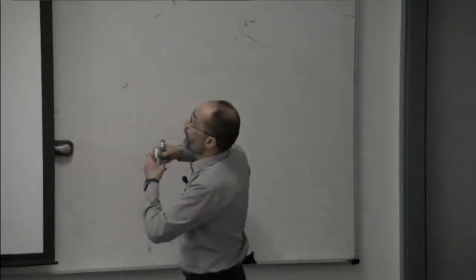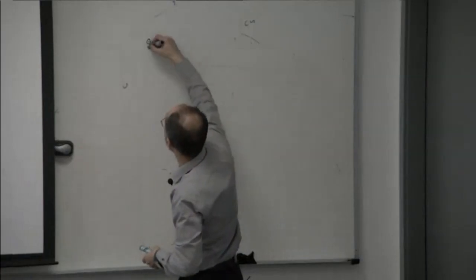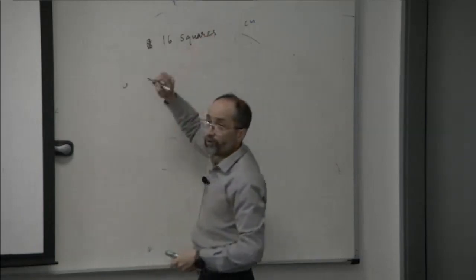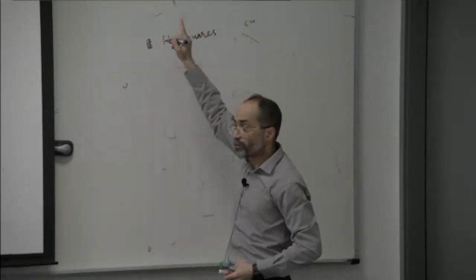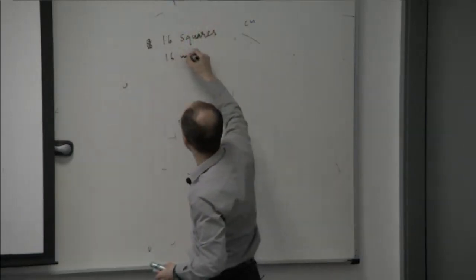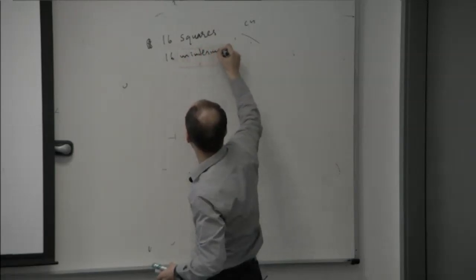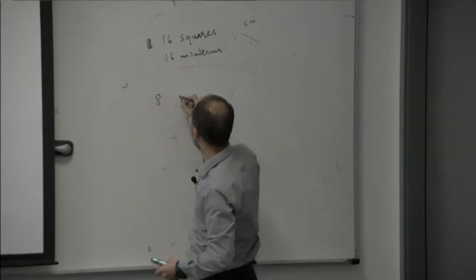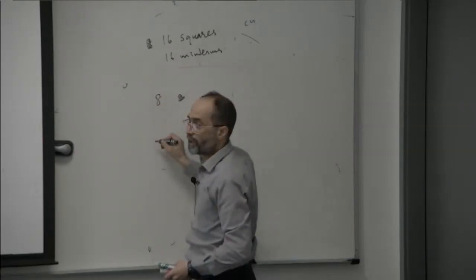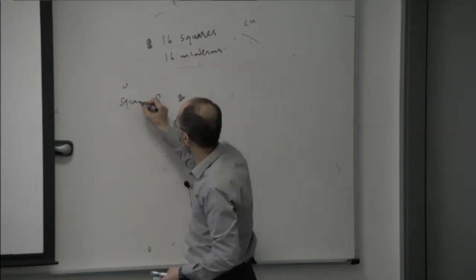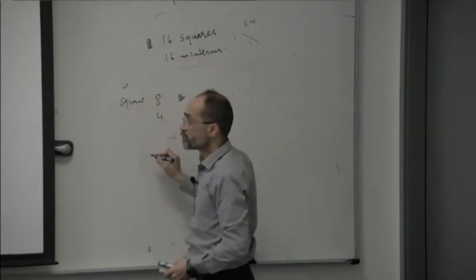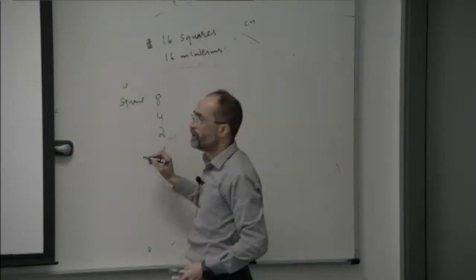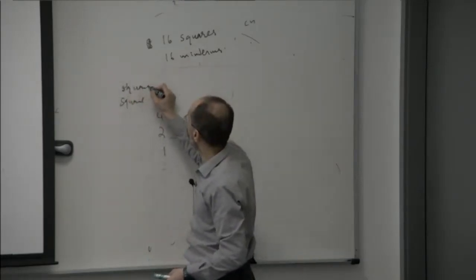Total possible 16 squares, so we have 16 minterms. So we can have a square of 8, a square of 4, a square of 2, a square of only 1, and also a square of 16.